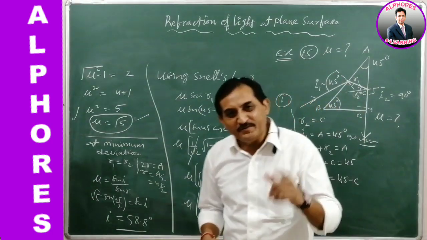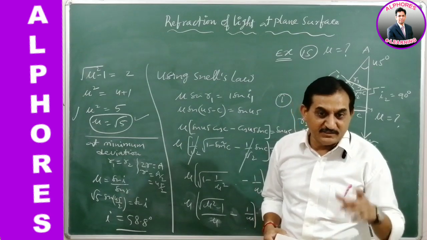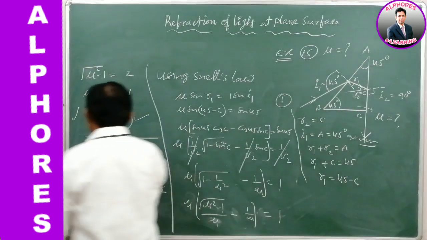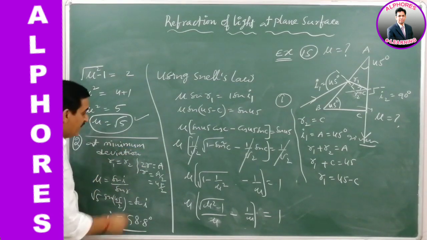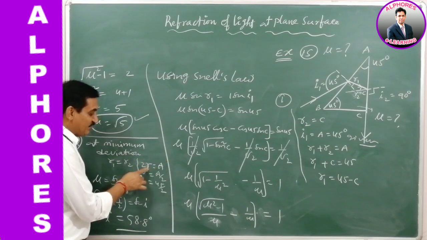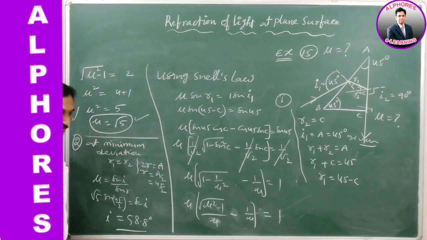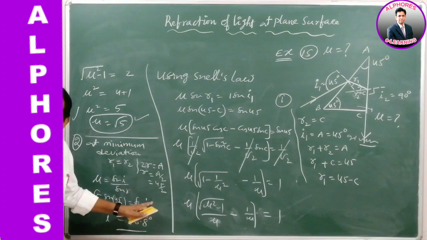Next question: what will be the angle of incidence for which the deviation suffered is minimum? For the second question, at minimum deviation we know R1 is equal to R2. Therefore R1 plus R2 is equal to A, so 2R is equal to A, R is equal to A by 2. A is 45 degree, so R is 45 by 2.